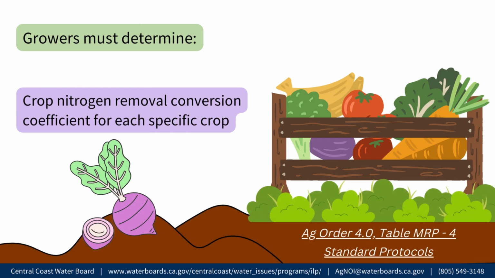Growers must also determine their crop nitrogen removal conversion coefficient for each specific crop. To get this number, use either the crop-specific nitrogen removal conversion coefficient values found in the Agricultural Order 4.0 Monitoring and Reporting Program, or MRP, on page 36 in Table MRP-4, or develop your own crop nitrogen removal conversion coefficient values by following the standard protocols document in the Irrigated Lands Program website and linked in the video description below.